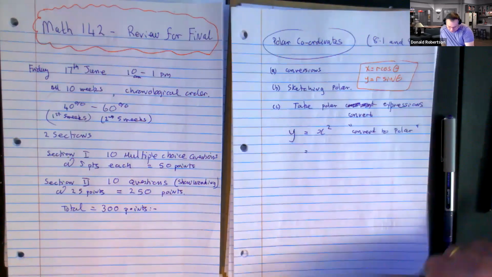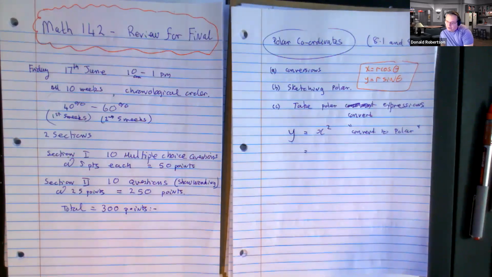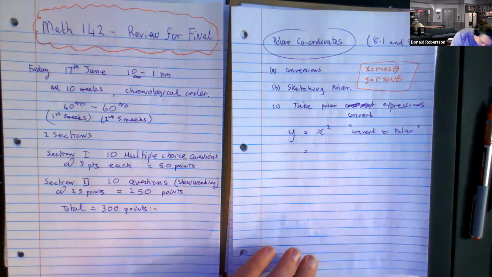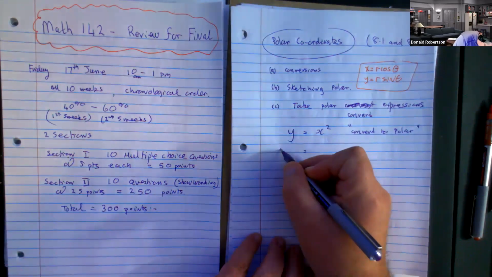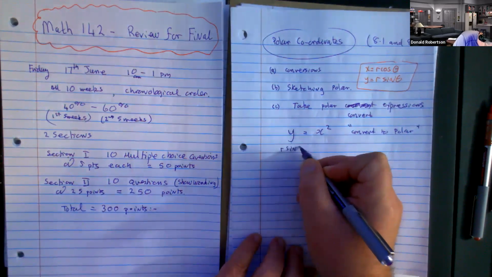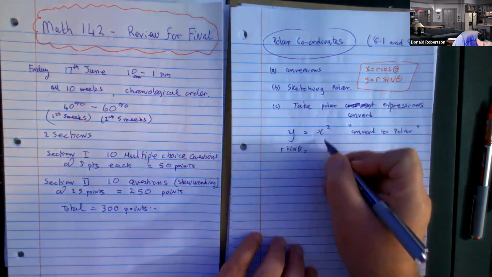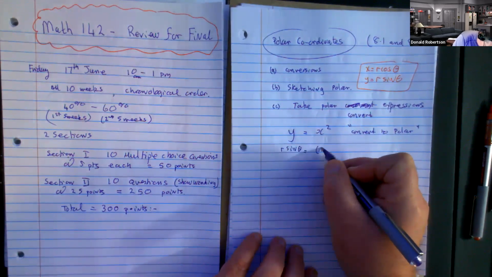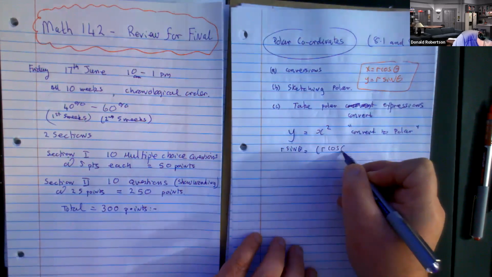The x coordinate is r times the cosine of theta and the y coordinate is r times the sine of theta. And so you go over here and say, okay, r sine theta, and you go here and you do r cos theta squared.